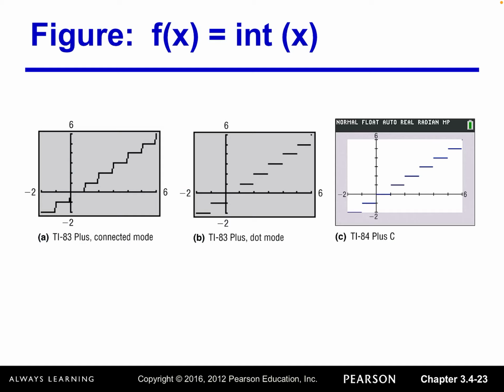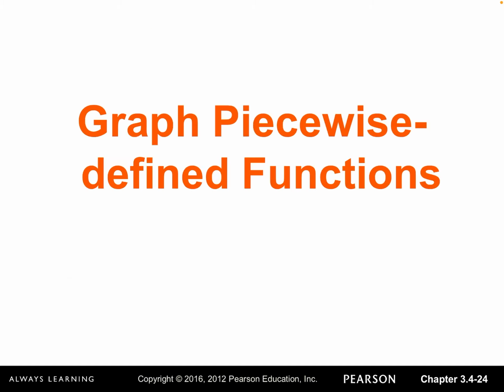If you use a TI-83 or 83 Plus, there are different modes you can use. In connected mode, adjacent horizontal line segments are connected by straight lines, which is why you see stairs. But if you use dot mode, you actually see the horizontal line segments without the connecting lines. This plot was done using a TI-84 Plus C. So the greatest integer function is a piecewise-defined function.